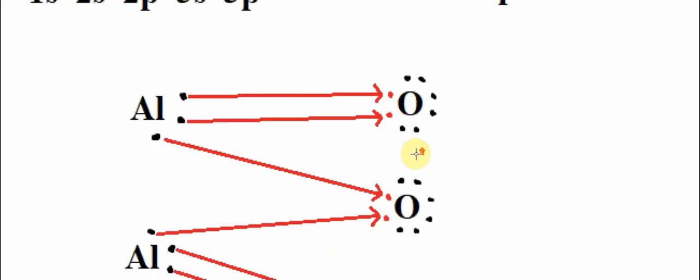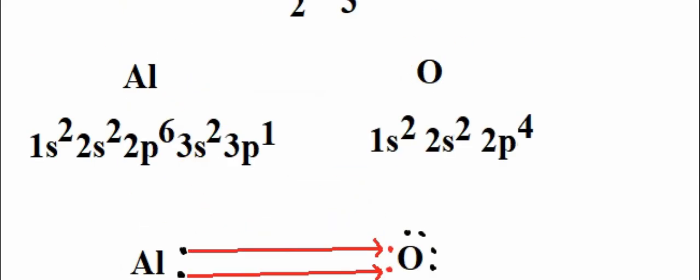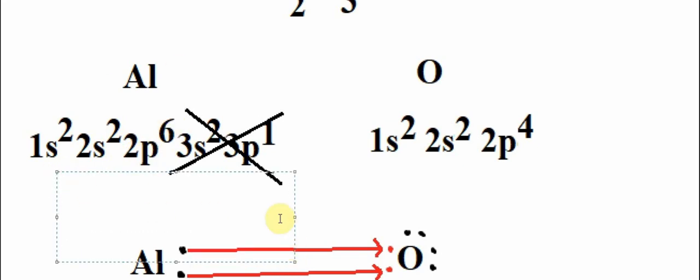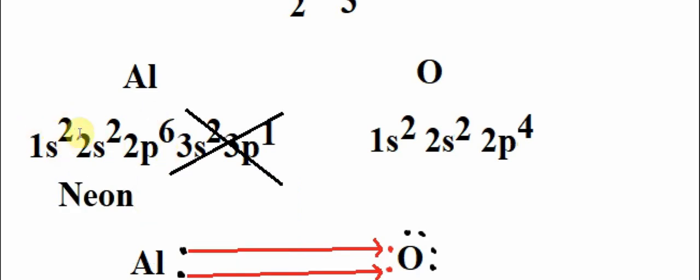If the aluminium shares 3 electrons, the layer of the aluminium will now become 1s2, 2s2, 2p6. And this is the electron configuration of the neon.